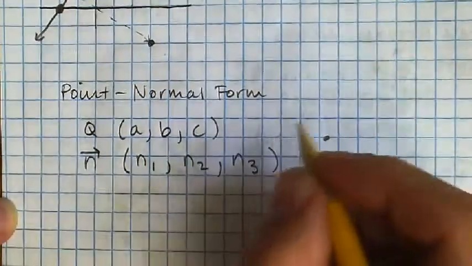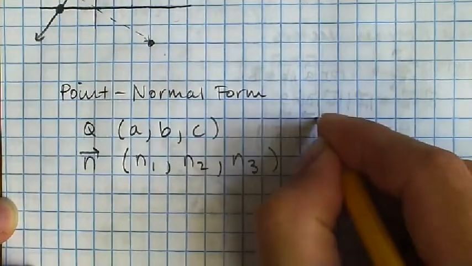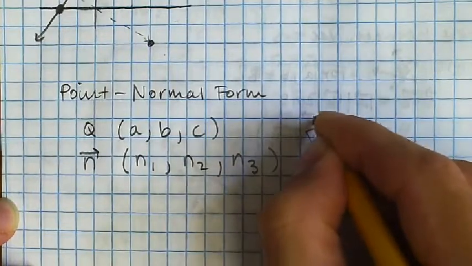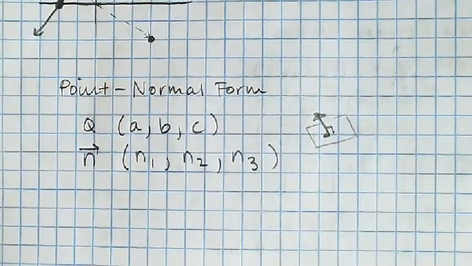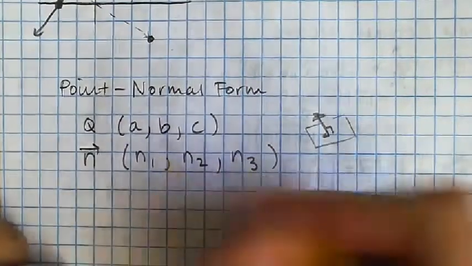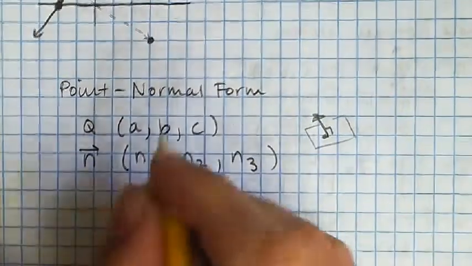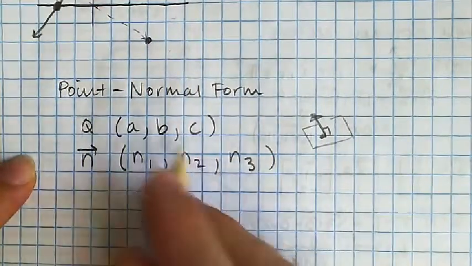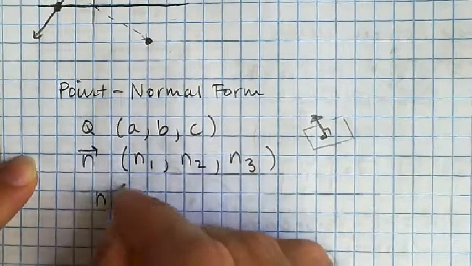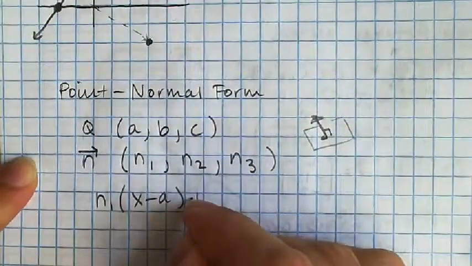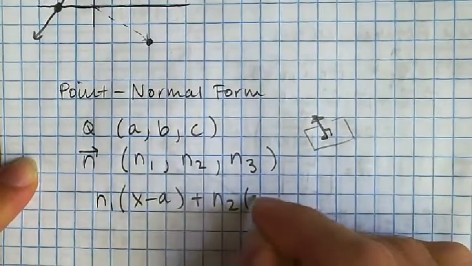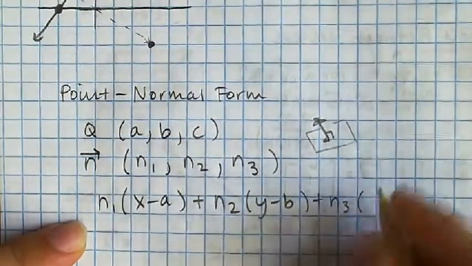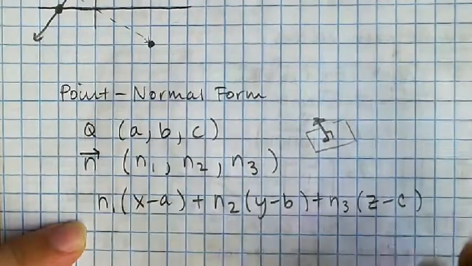Okay. And I'll just let you think about that for a second. But if I've got a point and a normal, I've pretty much got a whole plane defined. That was actually a pretty decent drawing. Except the normal didn't really come out of the point, but it's all right. So what we're going to do is, remember, the normal is like kind of the slope numbers. So it's n1 times (x minus a) plus n2 times (y minus b) plus n3 times (z minus c).